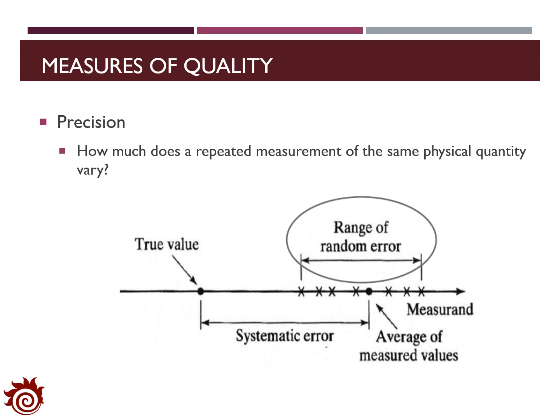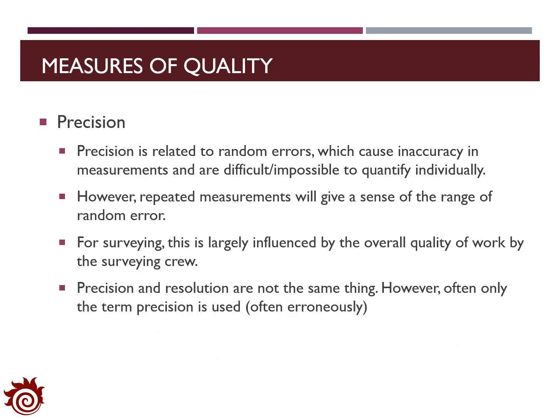So if the measurements are very close to the average value, then the measurement is precise, otherwise it's imprecise. In general, precision is related to random errors, and it may cause inaccuracy in measurements.